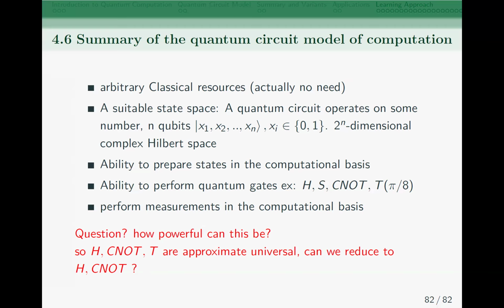Because Hadamard is real, right? The Pauli matrix elements are real, and the CNOT has all real matrix elements. So there's no imaginary i here. So it should not be universal. Because, for example, if you take any complex number, let's say i, this complex number cannot be approximated arbitrarily close by real numbers, right? And technically, one might say this is the reason why this is not universal.